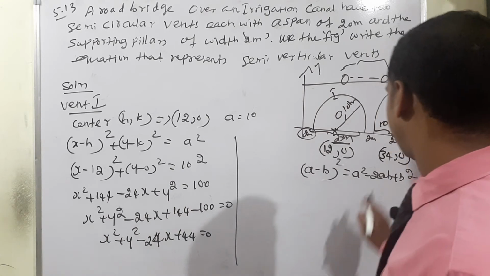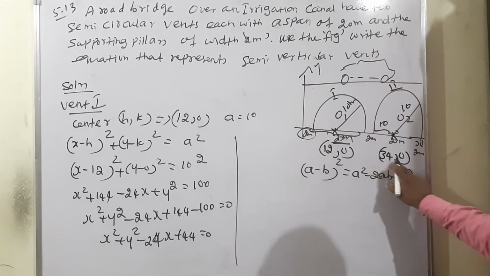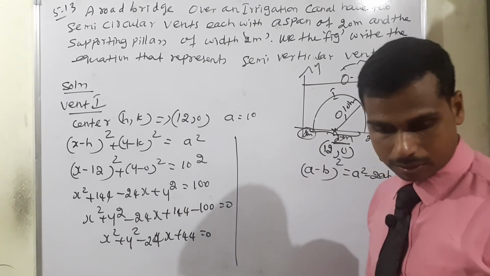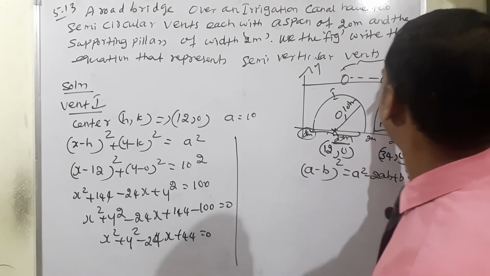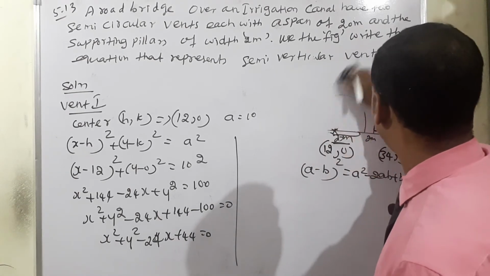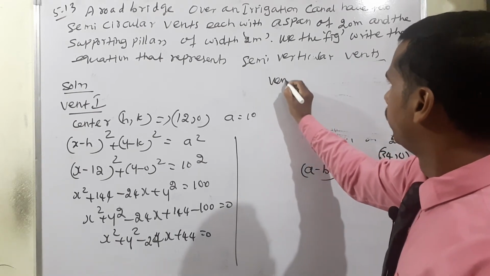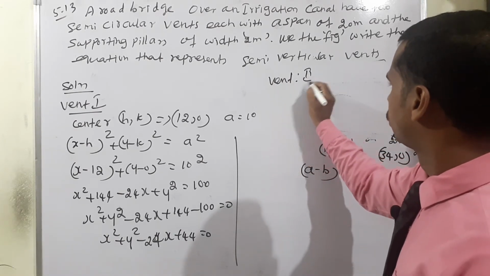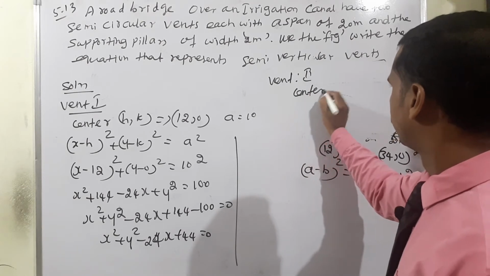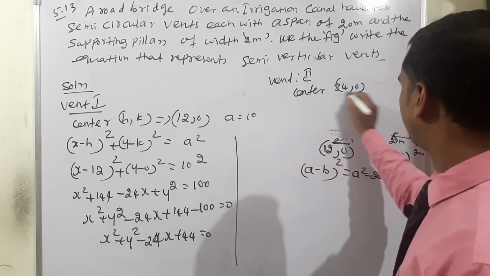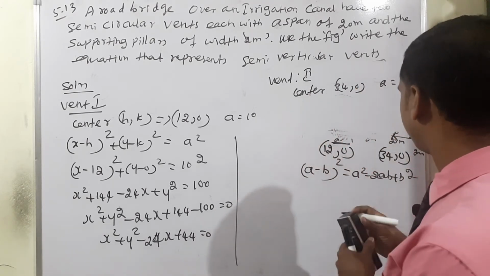The second condition, the x-axis value is 34 comma 0. So the vent's center is 34 comma 0, and the radius a is equal to 10.